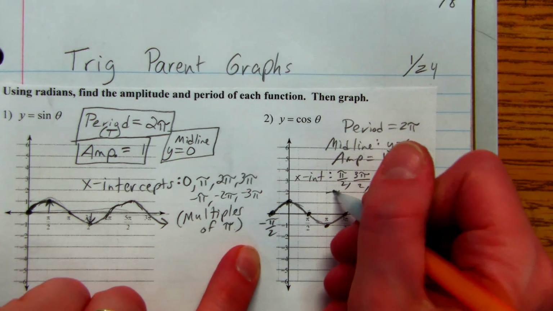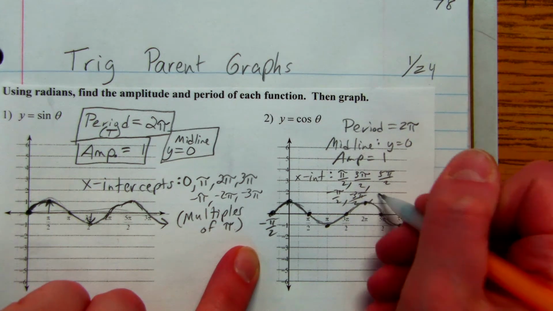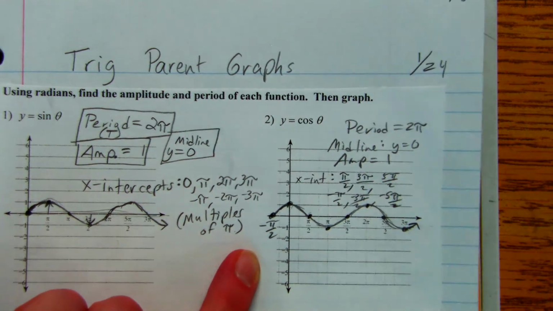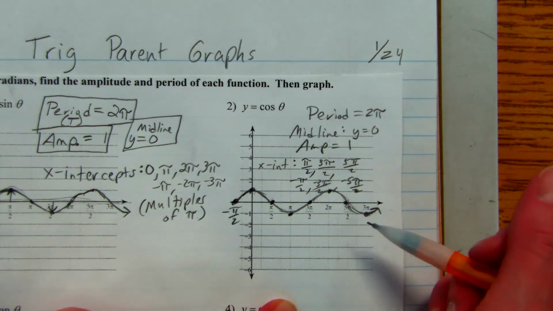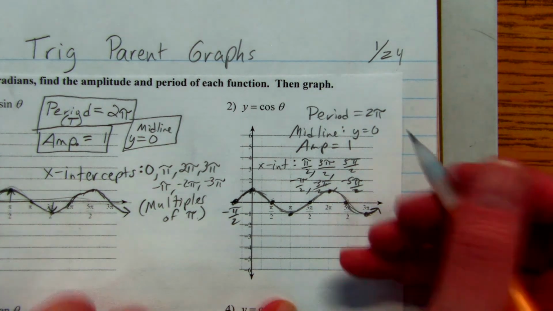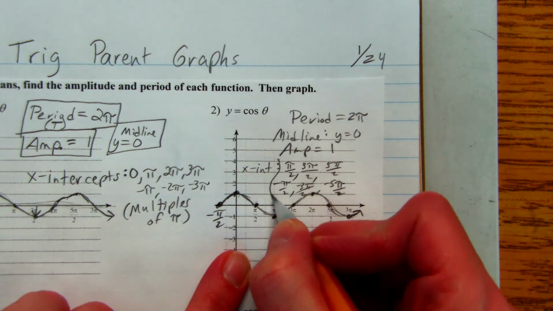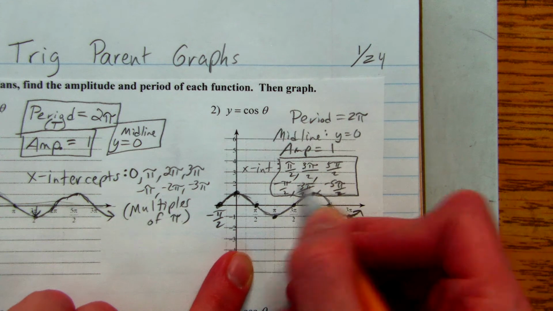So I'd have negative pi over 2, negative 3 pi over 2, negative 5 pi over 2. And they sometimes would call this odd multiples of pi over 2. So I don't know if you want to write that down, but that's a way to think of it. They just think of it as pi over 2, and then we're taking it times 1, 3, 5.